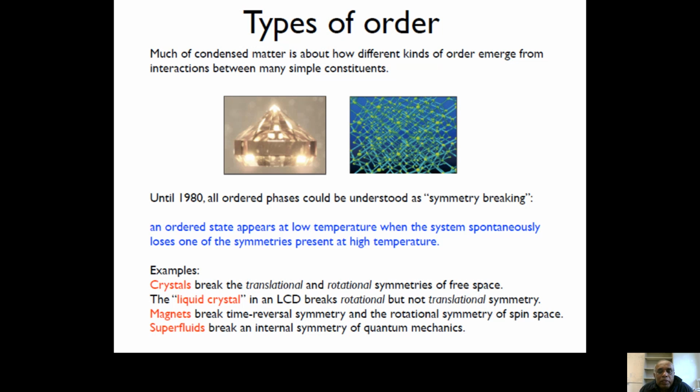If you look at magnets, in magnets you have the breaking of time reversal symmetry, in addition to the rotational symmetry in spin space. If you look at superfluids like helium-3 or helium-4, it's more like some internal symmetry related to quantum mechanics.